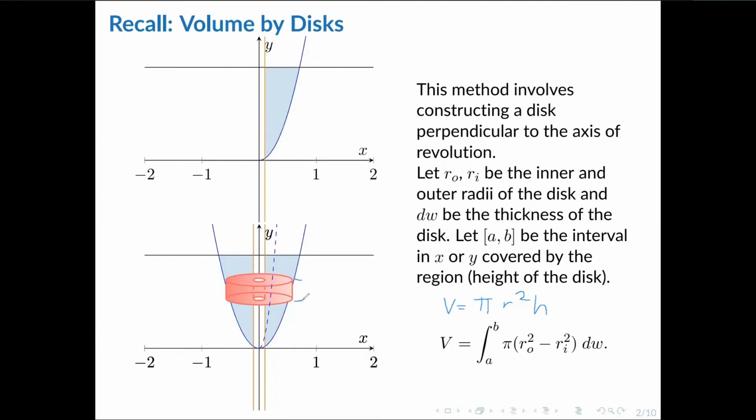So in this problem, ito yung given by dW, which is equal to h. Then ito yung inner radius, then ito yung outer radius.